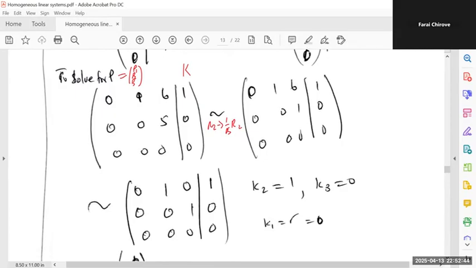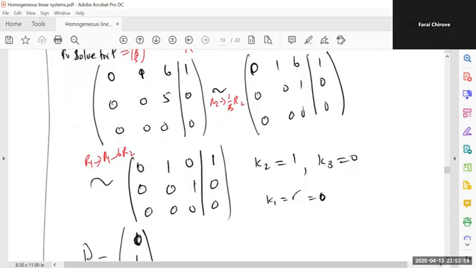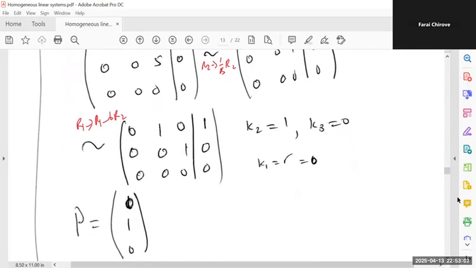And you might also want to say row 1 goes to row 1 minus 6 row 2, and you get what you get here. Just trying to make life easy for us. So it's more like going through the Gauss-Jordan process, but maybe it is reduced echelon form.